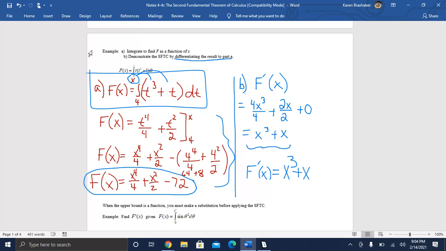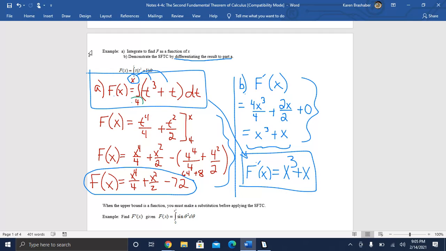So the second fundamental theorem provides you with a direct route from the antiderivative to the derivative.